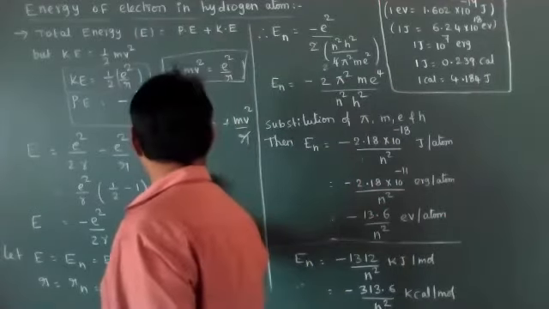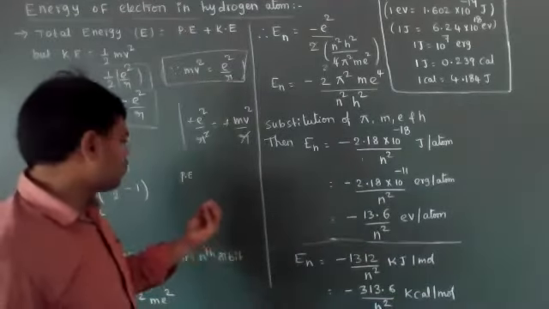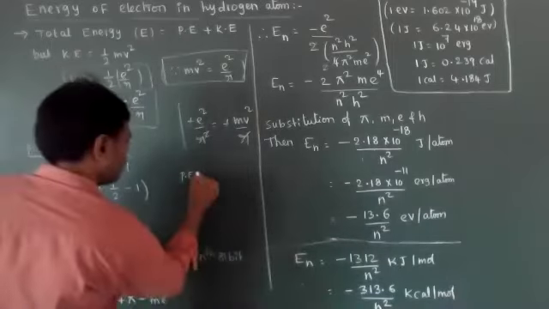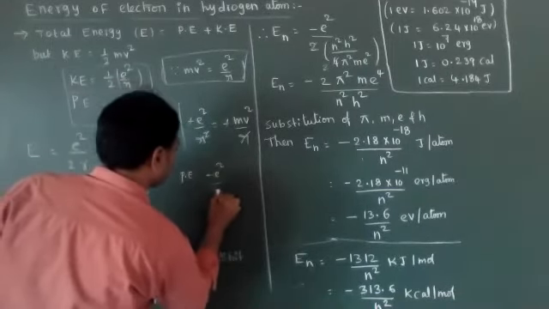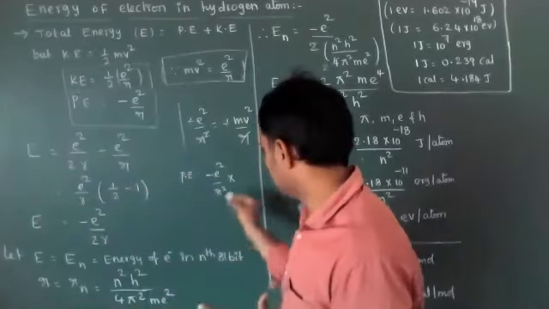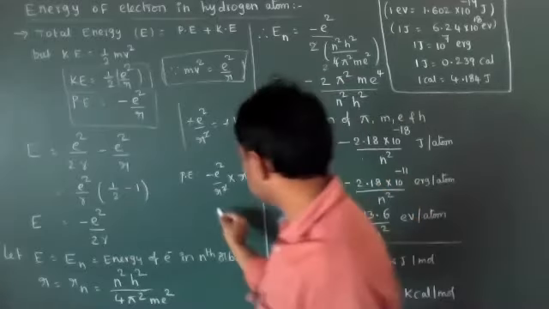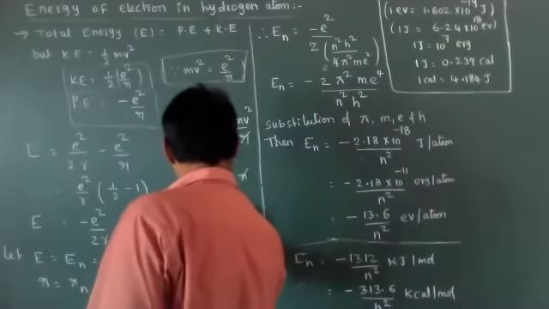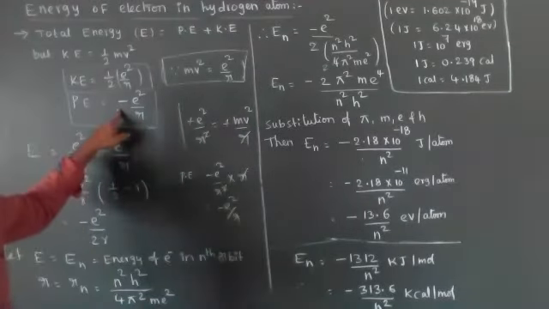And potential energy is equal to the force acting inward, the inward force, which is minus e square by r square, into the distance from the nucleus. The distance from the nucleus is nothing but r. Then one r will cancel, and the potential energy is equal to minus e square by r.